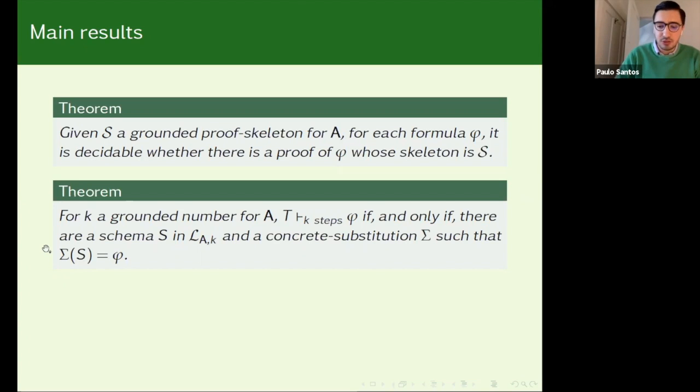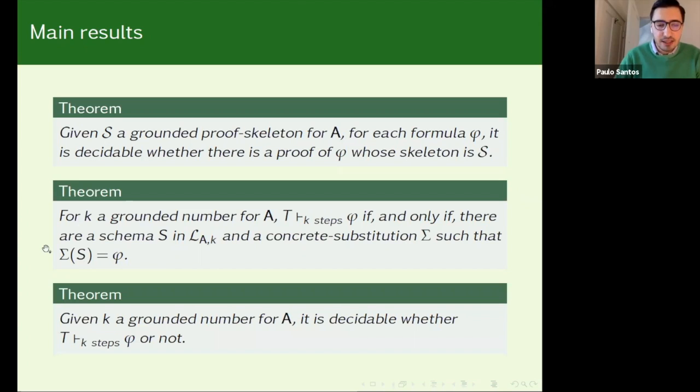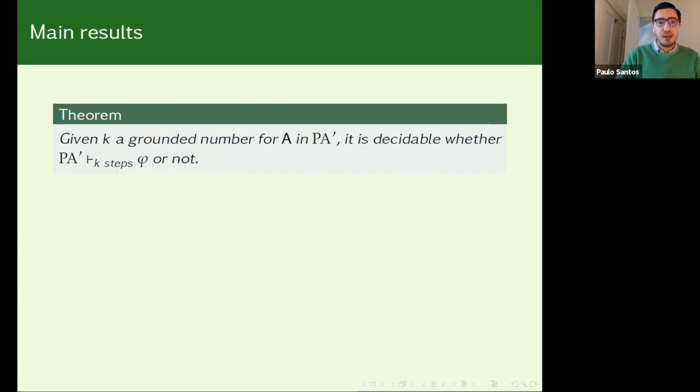This theorem is important to obtain the next one, namely that for grounded numbers for a fixed algorithm, the k-provability problem is decidable. Of course, this applies in particular for PA prime, the theory that I introduced in the beginning, namely for each k a grounded number, k-provability in PA prime is decidable.